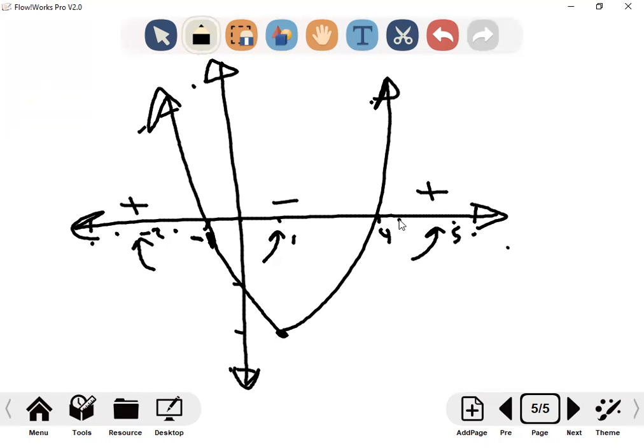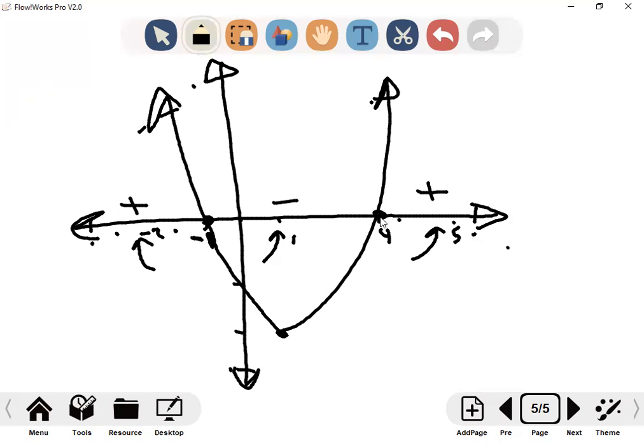Of course, this part from negative 1 to where? Means x less than negative 1. But do we have equal there? We have equal. So here we have closed circles. Right. So this part means x less than negative 1, and this part means x more than 4.